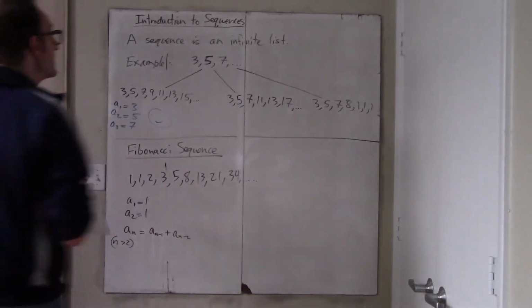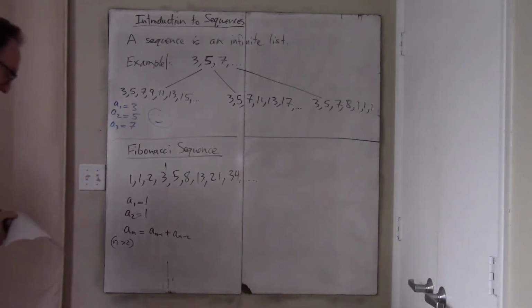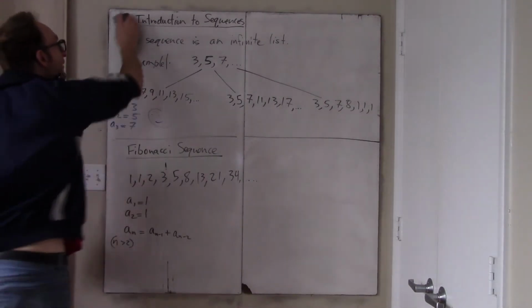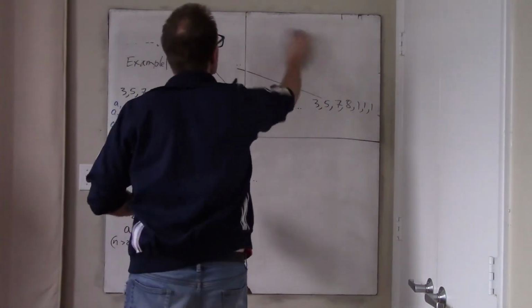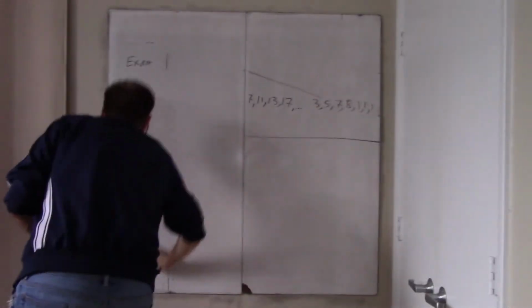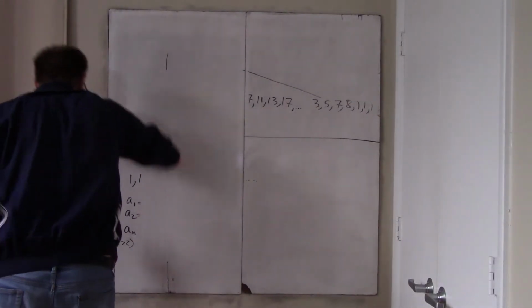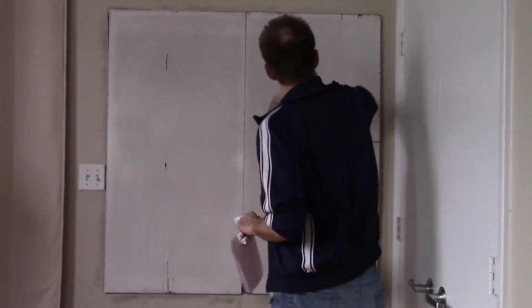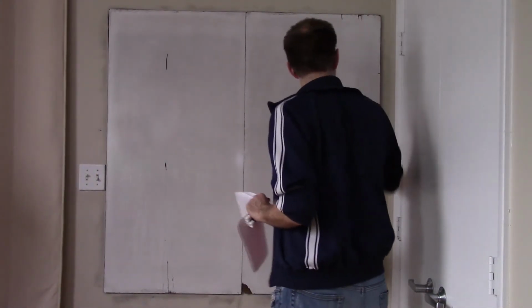Okay, so that was our introduction to sequences. The rest of this video is going to be devoted to a very particular kind of sequence, and it's basically the easiest kind of sequence that there is. So it's usually the one that we learn first.